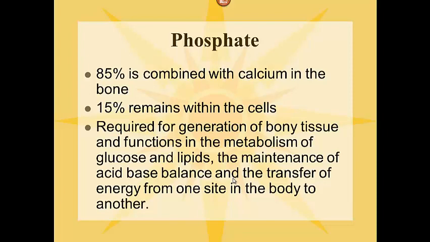Phosphate. Let's talk about phosphate. Phosphate is 85% combined with calcium, so it's basically the opposite of calcium. Whatever causes hypercalcemia causes hypophosphatemia, and backwards. Whatever causes hypocalcemia causes hyperphosphatemia.